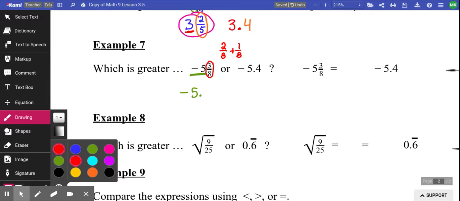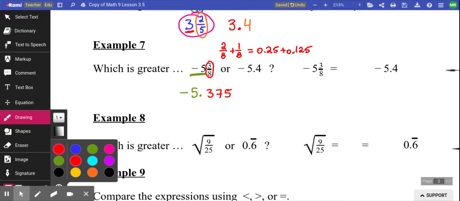And those were decimal values we knew. 2/8 was 0.25. 1/8 was 0.125. That means 3/8 is 0.375. So you're going to have to mix our two lessons together to be able to figure out one like that.